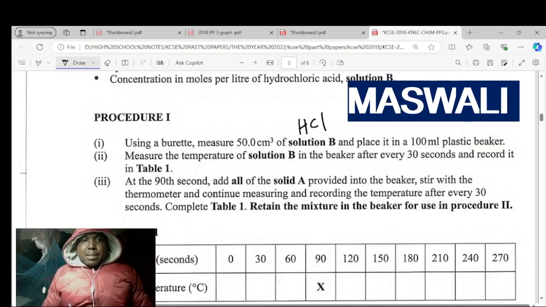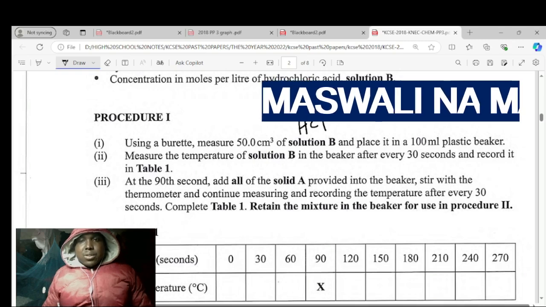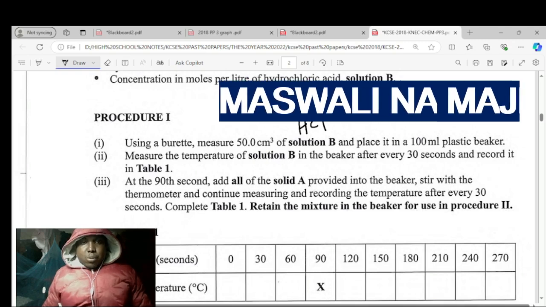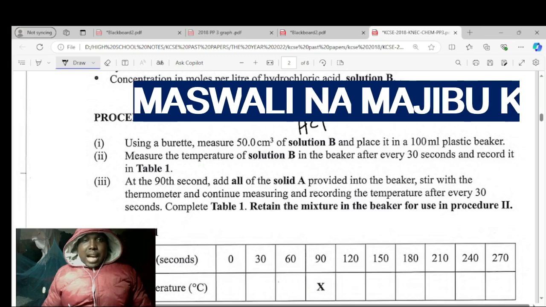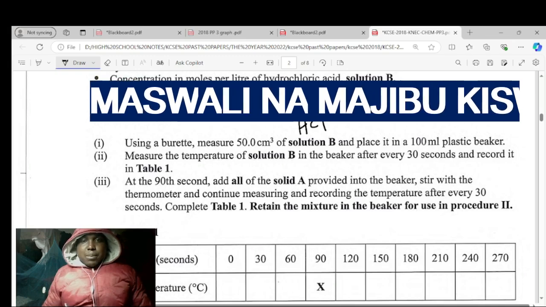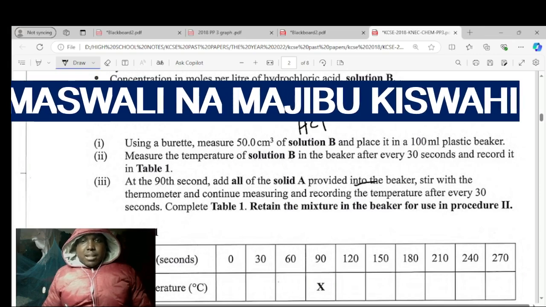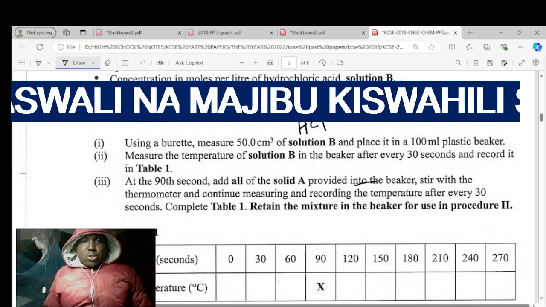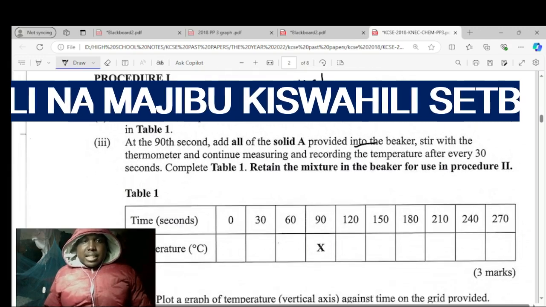Measure the temperature of solution B in the beaker after every 30 seconds and record it in the table. At the 90th second, add all the solid A provided into the beaker. Stir with the thermometer and continue measuring and recording the temperature after every 30 seconds.